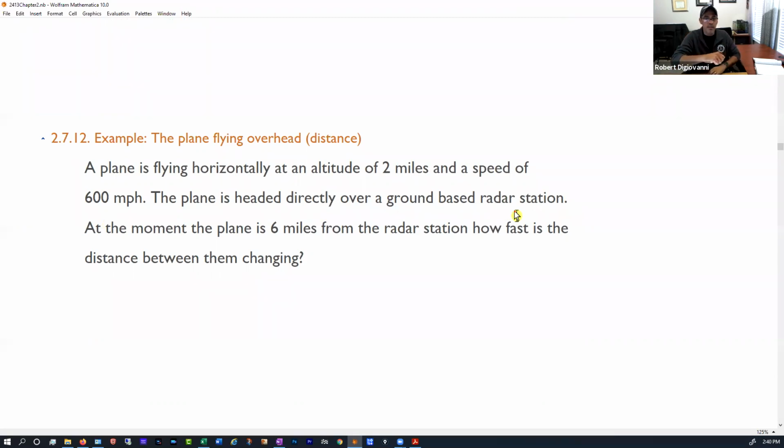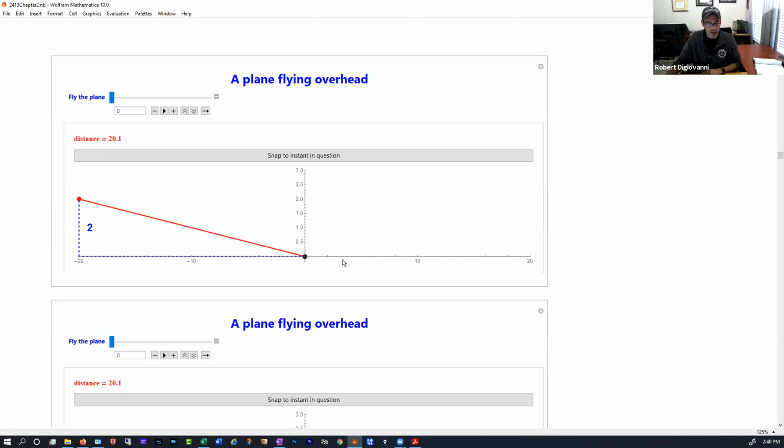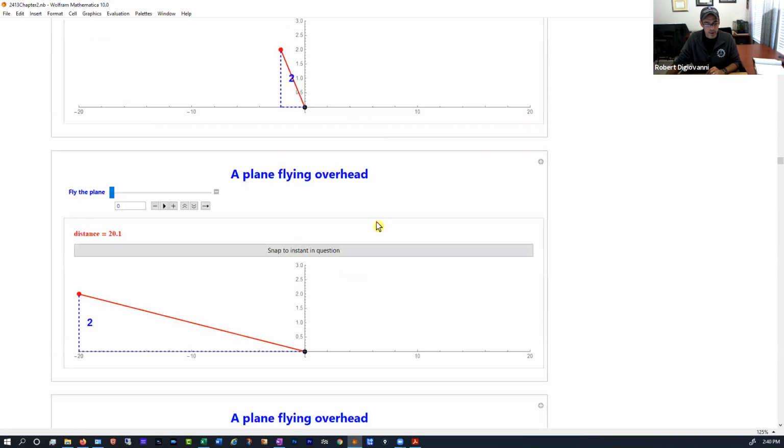At the moment the plane is 6 miles from the radar station, how fast is the distance between them changing? So that question is asking, as the plane flies over, if you had a rope connecting you to the plane, how fast is the rope coming out of your hand? That's a related rate problem. There's a lot of geometry involved in this. I have pictures that are going to help us see what's going on.